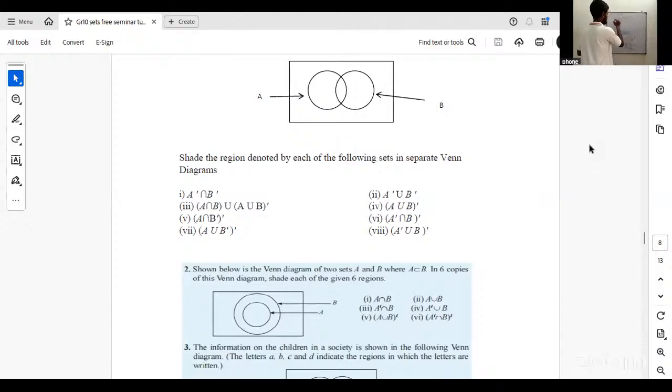Read this one. Fill this one. You have this one. So we have this and this.